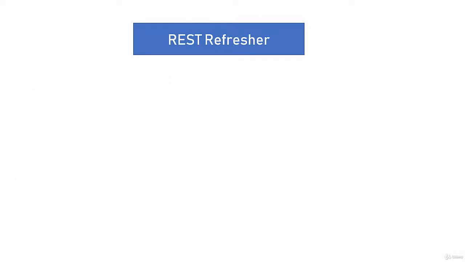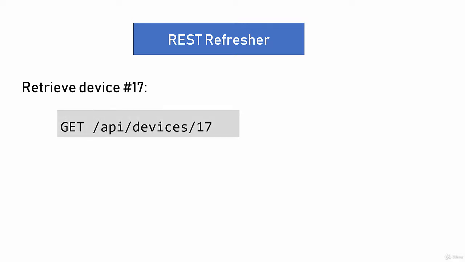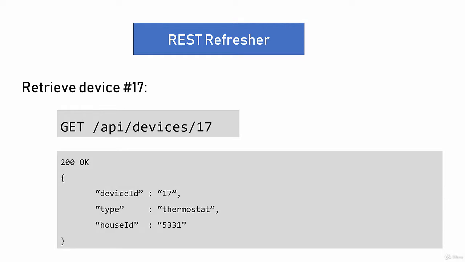As you probably remember, REST API defines the entity or entities to be retrieved with a path that is part of the URL and using the GET HTTP verb. So, for example, if I want to retrieve device number 17, I can use something like this. And in return, get a JSON content with the response code 200, which signals that everything is okay and the query has been performed.